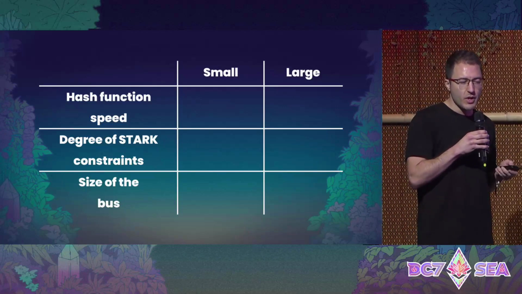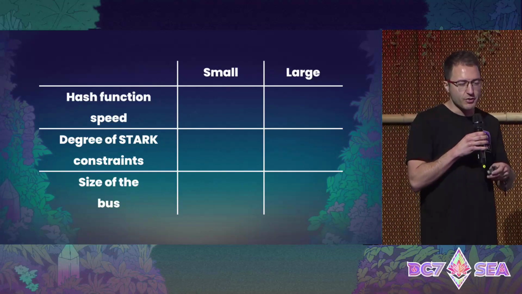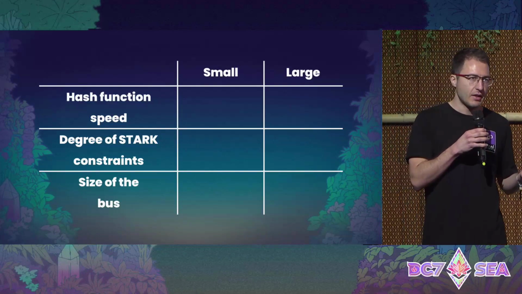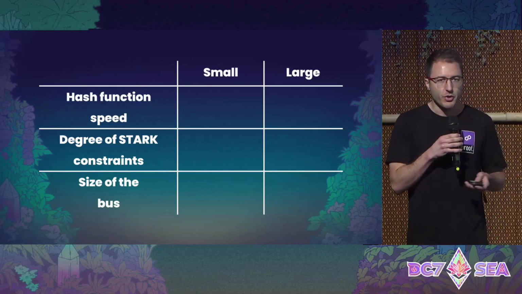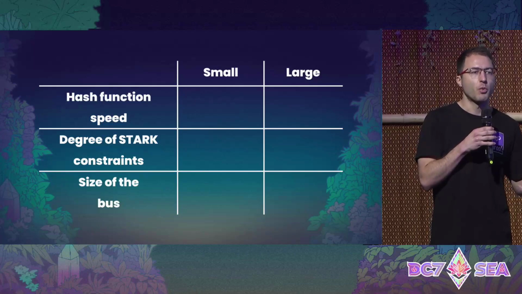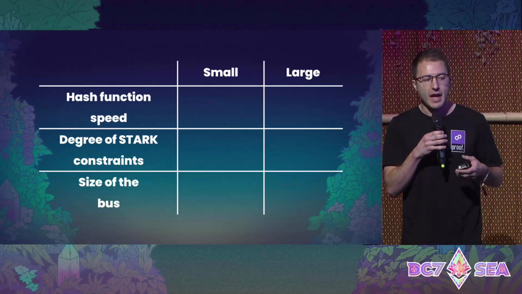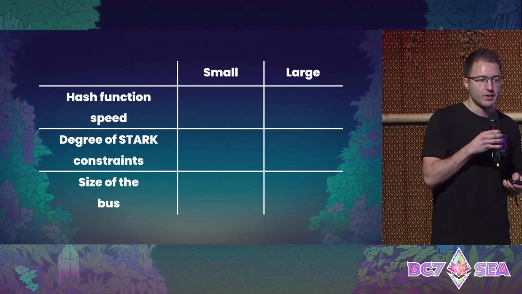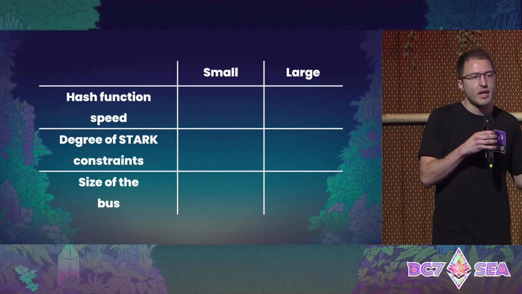The reason why the hash function speed matters in choosing one or the other is that, if you recall from LogUp, we were adding a bunch of columns, and each column adds hashing work to the prover. If that hashing work is expensive because you have a slow hash function, it's going to cost a lot to add these columns.